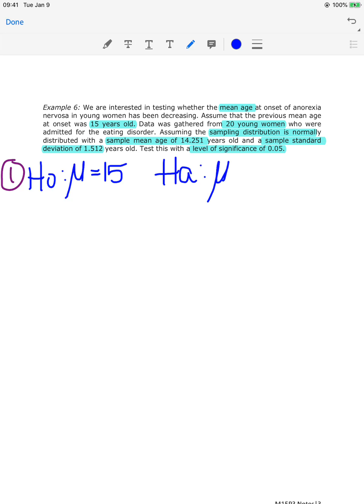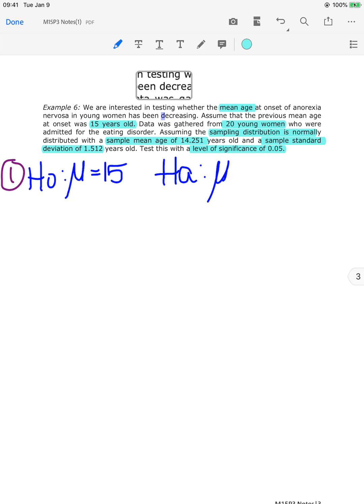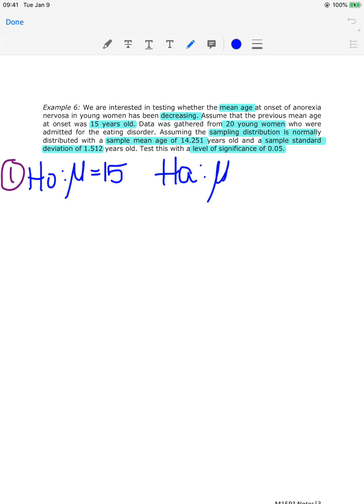HA: mu is... ooh, we didn't highlight that. Let's go highlight that. So we want to know if the mean age is decreasing, which means this is a left-tailed test. So we want to know if the mean age is now less than 15.